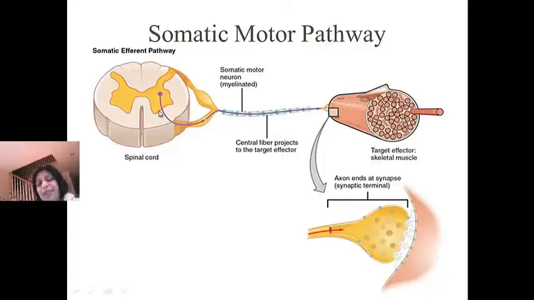So the main thing to observe here is that the neuron that leaves the CNS ends directly on its supplier, the structure it regulates. Typically, it is a chemical synapse where the neurotransmitter is mainly acetylcholine.